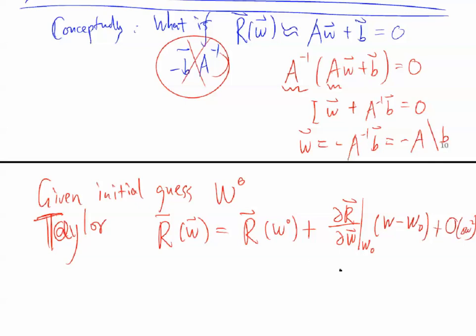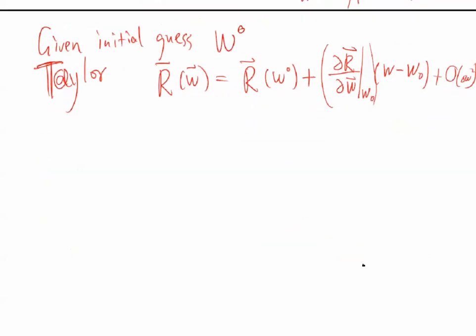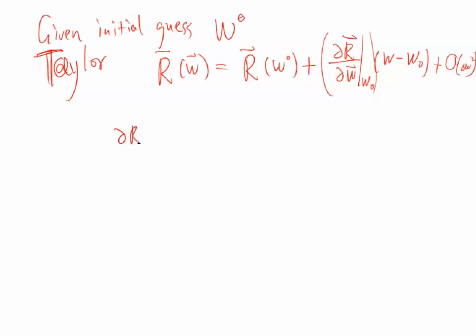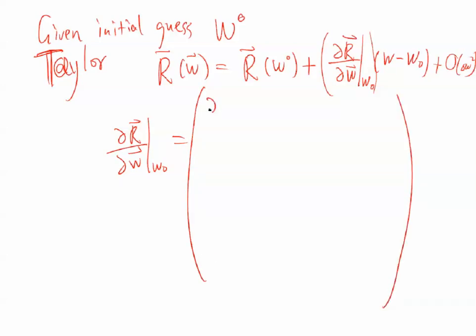Now this is to get familiar with Newton-Raphson. This has to be a Taylor series expansion of multiple nonlinear functions. And here, partial R, partial W is a what? It's a matrix.